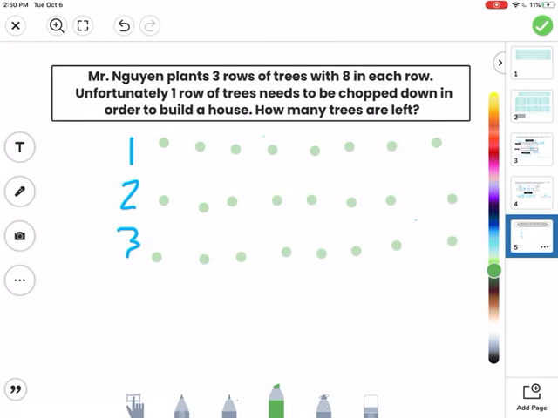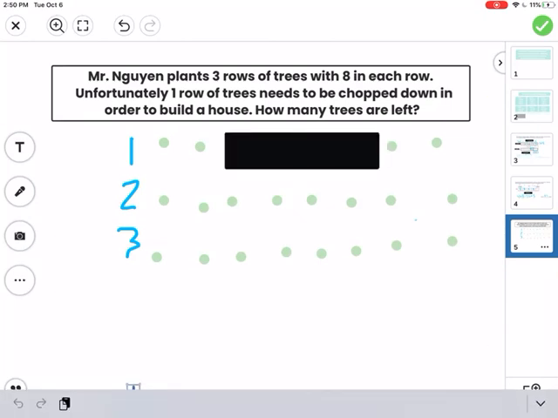And then we can do, what do we have? 3 rows of 8 trees. So 3 times 8 equals 24.